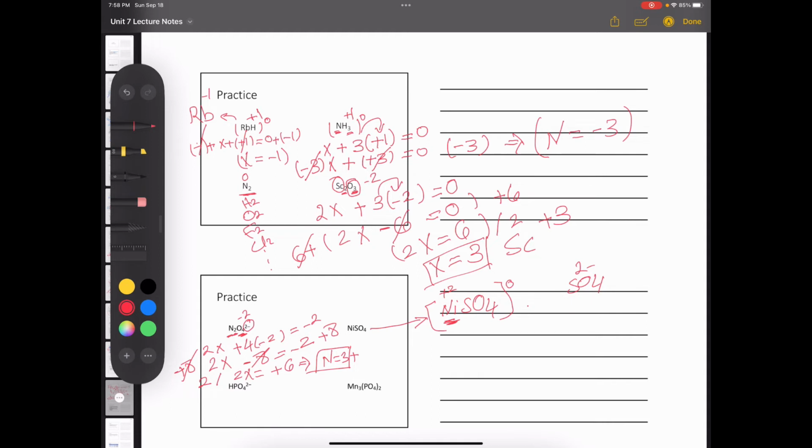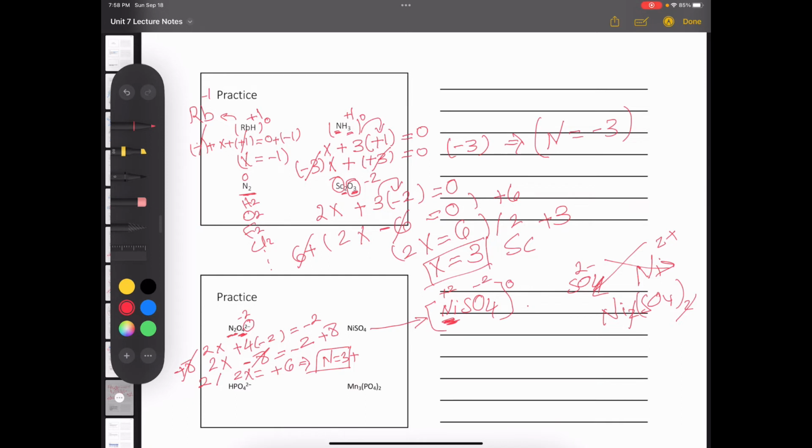Or, in other words, if you remember, we do the swapping, so that means Ni2SO4 2. It's just because both are 2, we cancel out the 2's. So the oxidation number for the nickel is a +2. For the oxygen, it's a -2, and that we should know at this point.